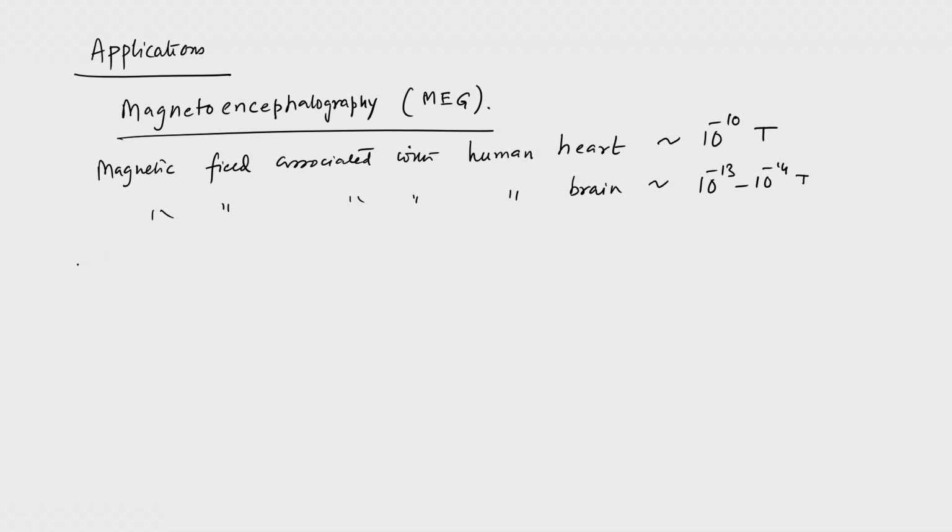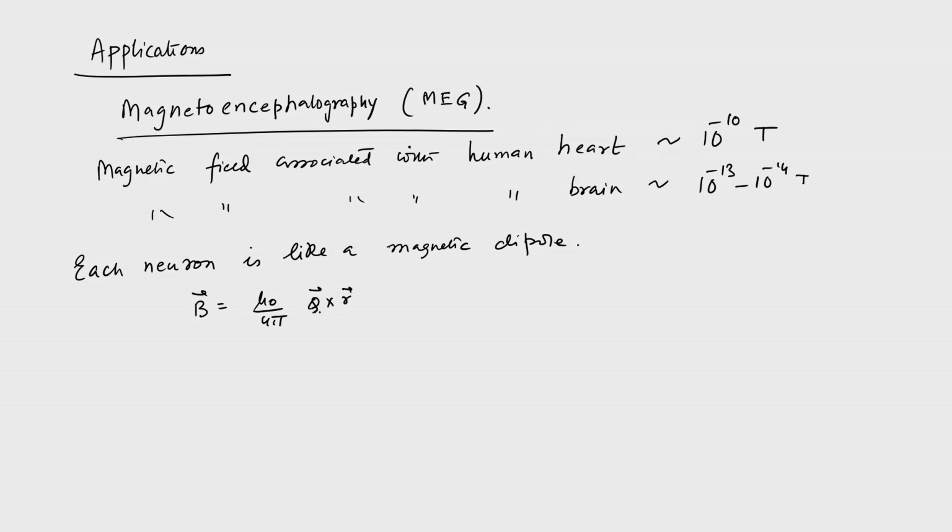So, if you think that each neuron is like a magnetic dipole, we can calculate using the Biot-Savart law the magnetic field due to such a dipole, which is Q cross R by R cube. So, this is the dipole model. Q is like the current or something that is there.